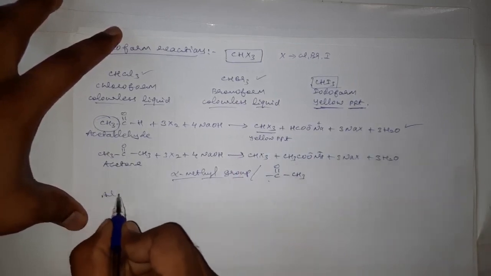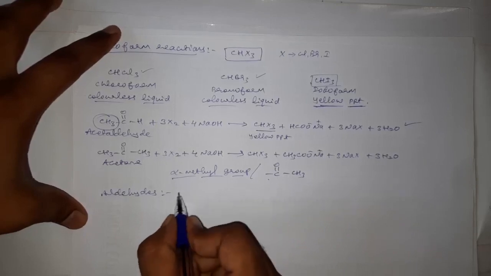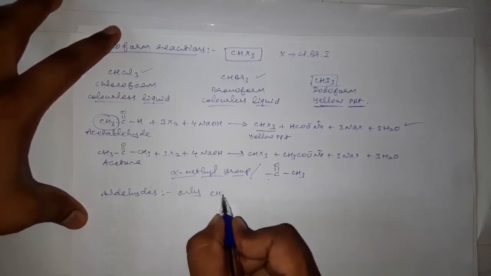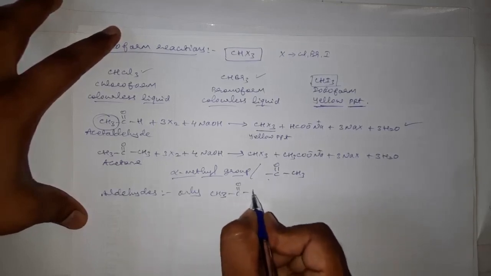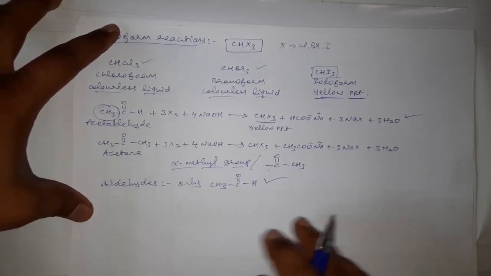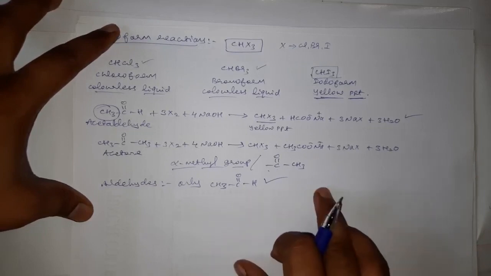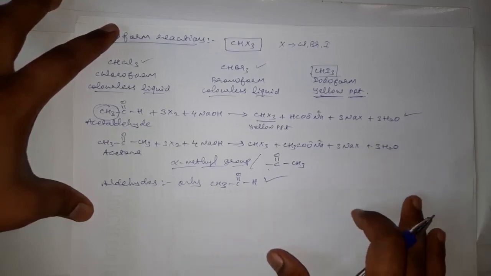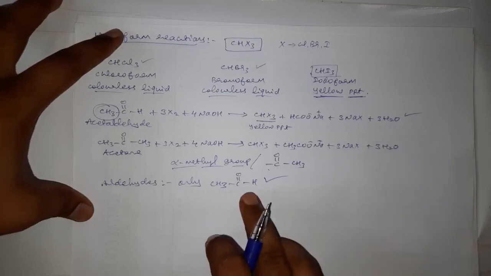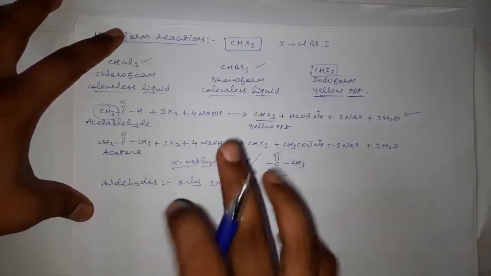Among aldehydes, only CH3CHO can give it. Except this aldehyde, no other aldehyde can give the haloform test. Why? Because if we change this CH3, then we lose our alpha methyl group.